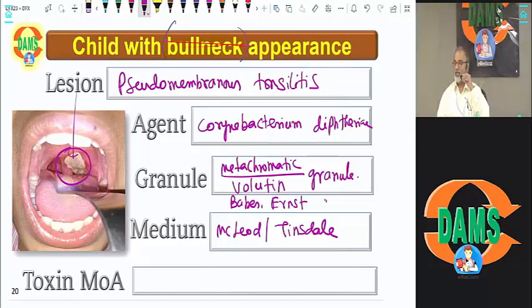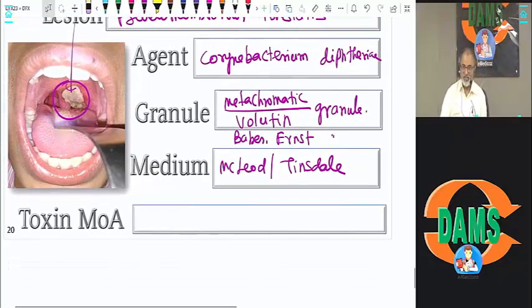Toxin. Okay. What is the mechanism of action of the toxin?